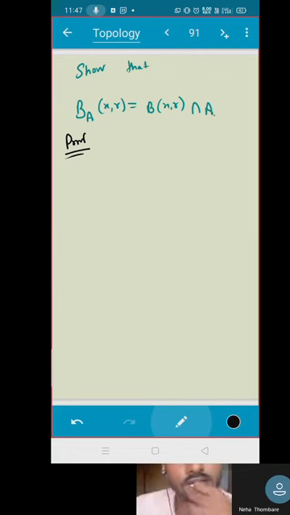And what is this B(x, r) intersection A? First, do you agree that this should be the same as B_A(x, r)? If yes, you should be able to prove this. And what do you mean by B(x, r)? This is the open ball in the metric space X, d in general. Anywhere in X, d, an open ball is called B(x, r).